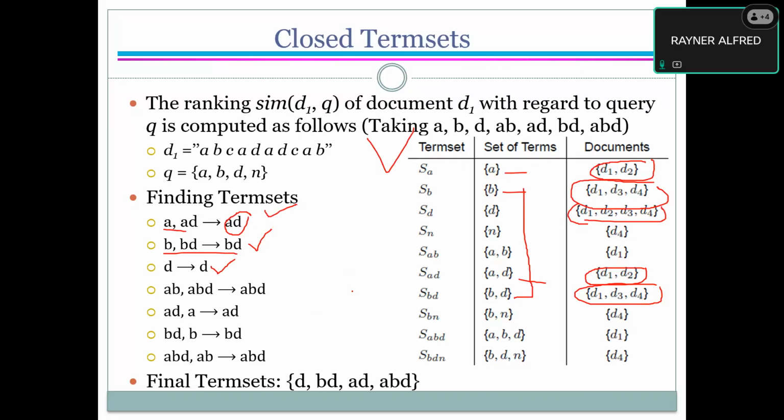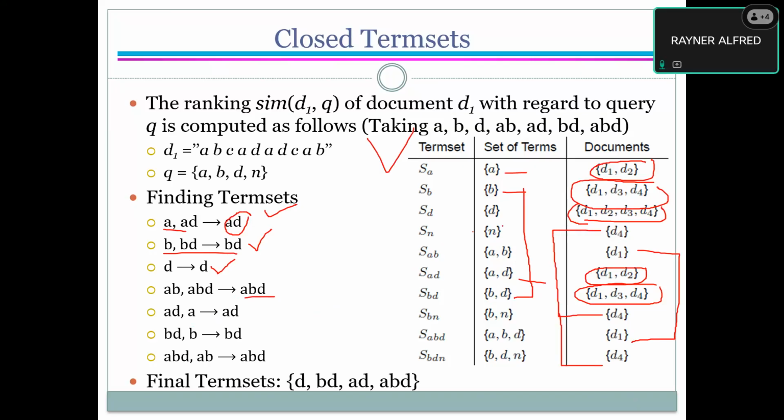And then we have D1 and D1 here. That one is AB and ABD, right? So we have ABD, and then we have D4 and D4. We could combine A, B, N, but we don't have it here.